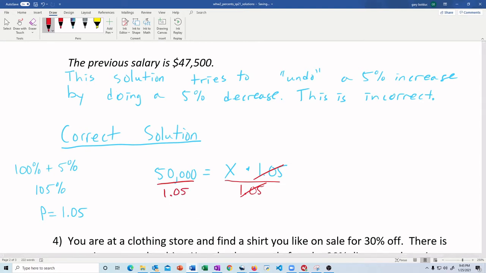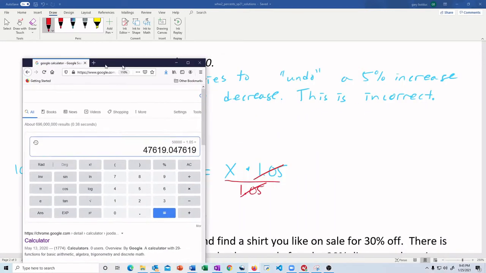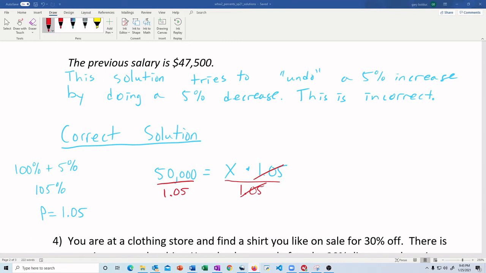All right, let's do it. 50,000 divided by 1.05 equals 47,619, and I'll round to 5 cents. 47,619 and 05 cents.